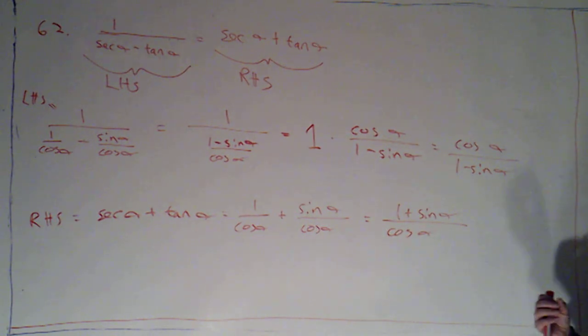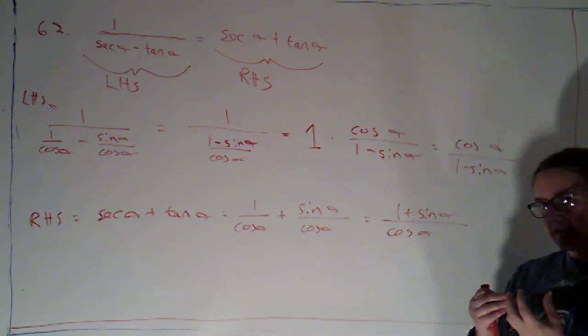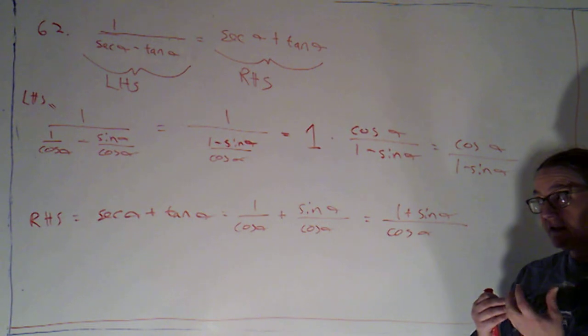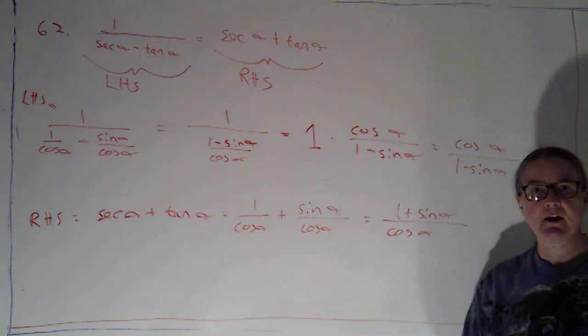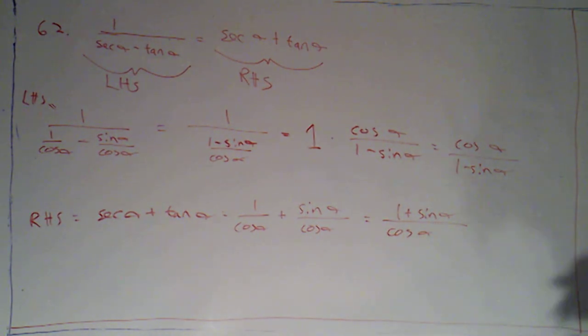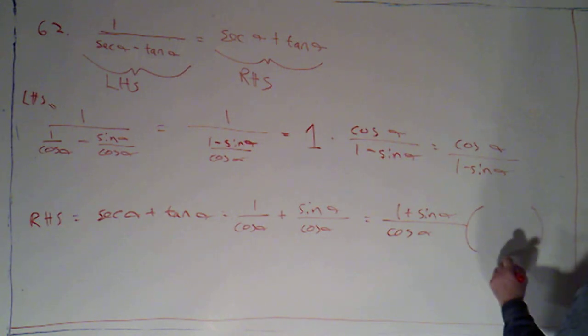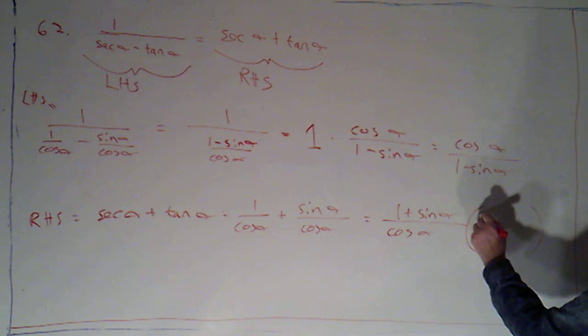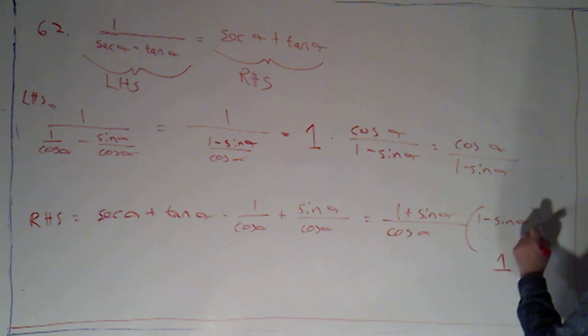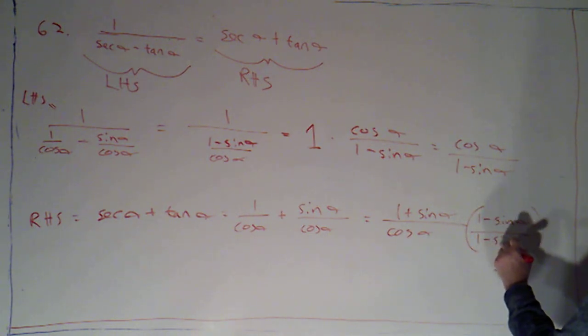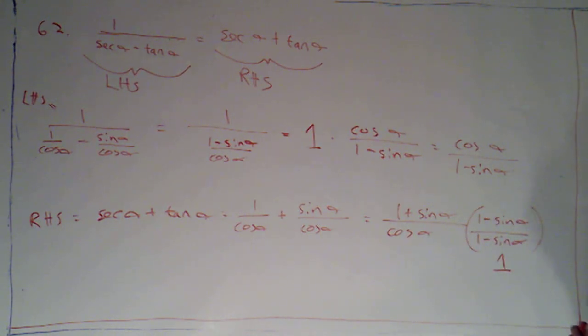And I know that that product would be 1 minus sine squared alpha, which would allow me to use my Pythagorean identity. So, if I just had this, I'd probably say, that's as simple as it's going to get. Since I'm trying to get to this, I'm going to try multiplying by 1 in the form of 1 minus sine alpha over 1 minus sine alpha.